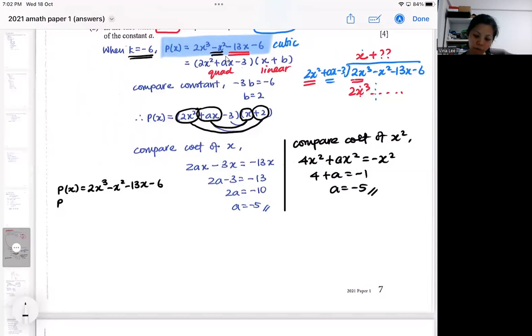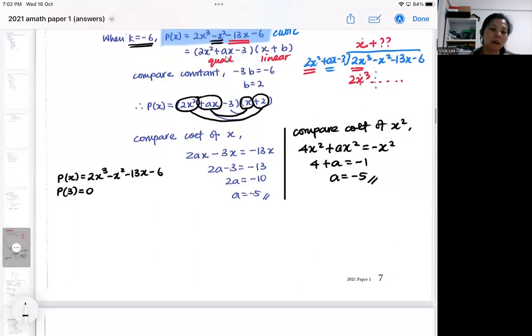I want to show you this idea. So I did a trial and error, and I got this to be a 0. This one came from one of the students that I marked. So from here, this is a factor.